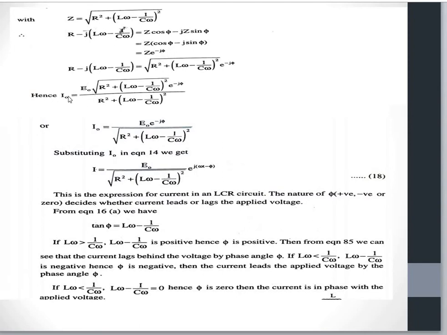So when we substitute this equation here, you will get I0 is equal to E0 e raised to minus j phi divided by square root of R square plus L omega minus 1 by C omega the whole square. Okay. So this is our expression for current.